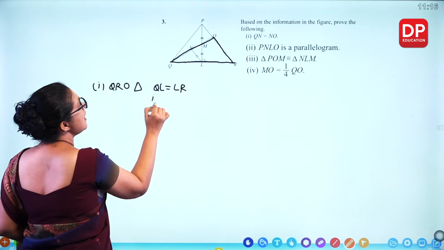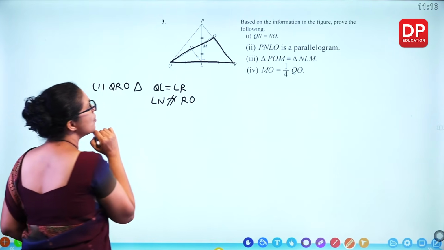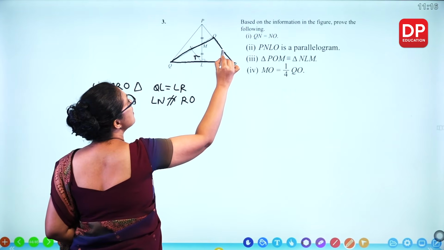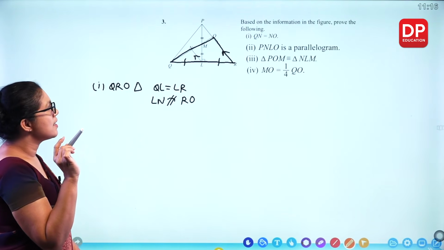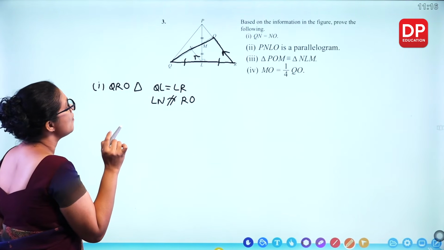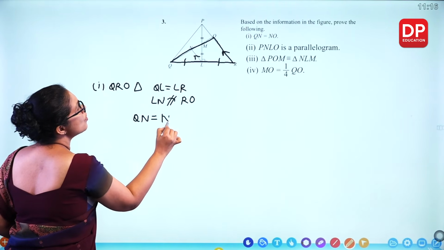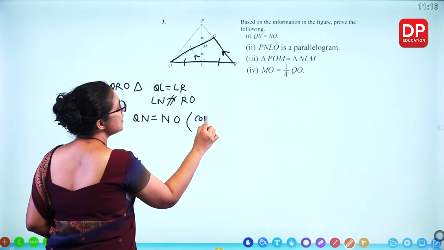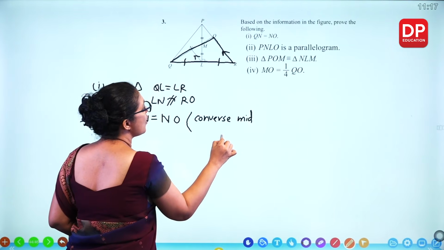And LN is parallel to RO. It's given. This is parallel and this is equal. According to Converse midpoint theorem, we can say QN is equal to NO. So Converse midpoint theorem.